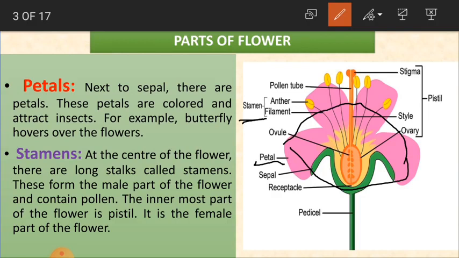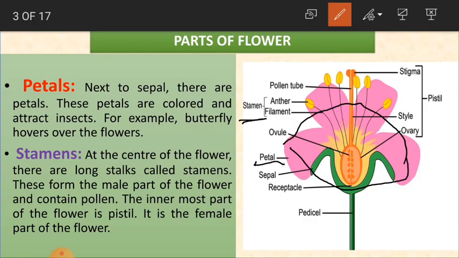So there are long stalks called stamens. So what is a stalk, children? As I said yesterday, what is stalk? It's just like a support, like a stem which is attached and taking support in the plant, okay.